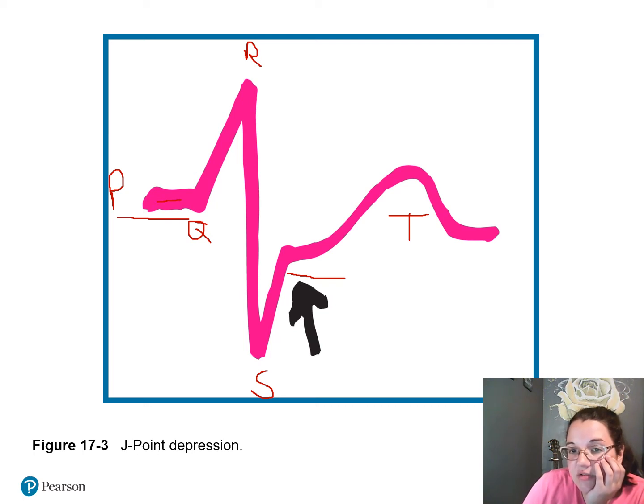We're going to look at our PR segment. Our ST segment should be on the same line as my PR segment. If it is above, I have elevation. If it is below, I have depression. So here we can obviously see that my ST segment is depressed. J-point depression.